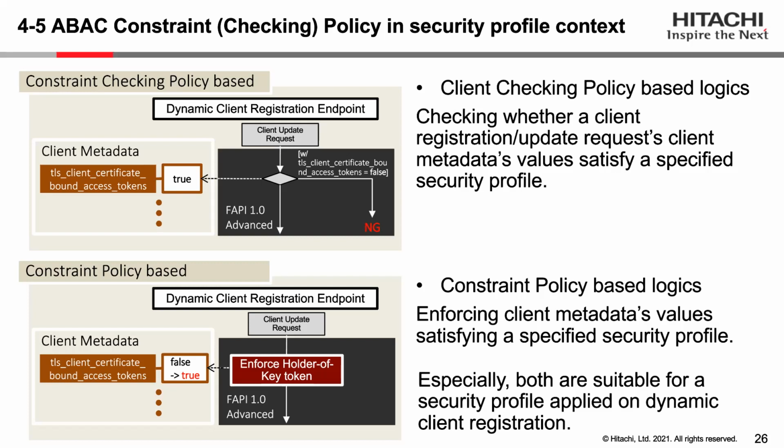Then the constraint checking policy logic rejects this request because this metadata value does not satisfy the requirement by FAPI 1.0 advanced, while the constraint policy-based logic accepts this request, but sets this metadata value to true, not false, and sends back a successful response to the client, notifying the client of the change in the client metadata value.